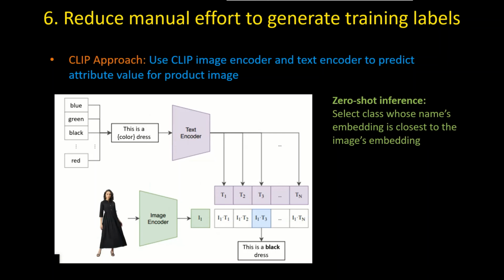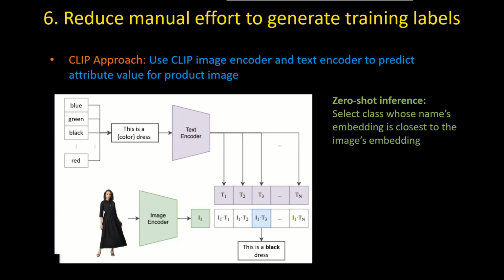Essentially, for an image, we look at the attributes, and we use the names of all the attribute values, such as blue, green, black, and so on, as the set of potential text pairings, and predict the most probable image-text pair according to CLIP.